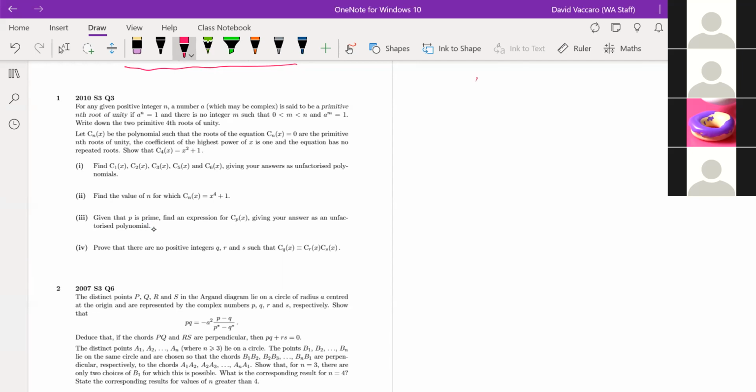So let's first of all consider the fourth roots of unity. If (e^(iθ))^4 is equal to 1, that means that (e^(iθ))^4 is e^(2πik), because 1 has got argument 0, or if you're being perverse, it's got argument 2π or 4π or 6π or 8π. So e^(4iθ) is equal to e^(2πik), so 4θ equals 2πk, so θ equals πk over 2.